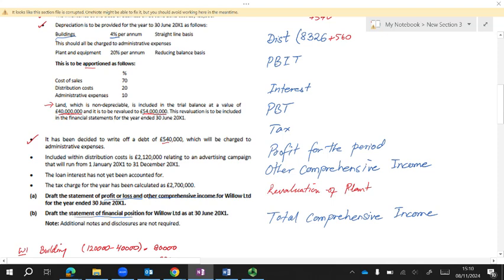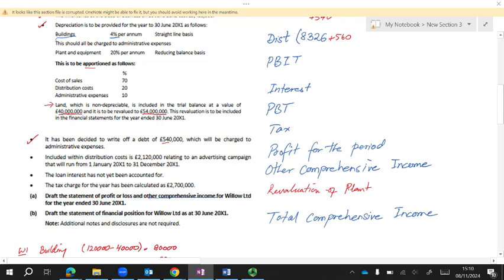Next, included within the distribution cost is 2120 relating to the advertising campaign that will run from 1st of January 2001 to 31st of December 2001. You can see in the question that the year end is 30th of June 2001.